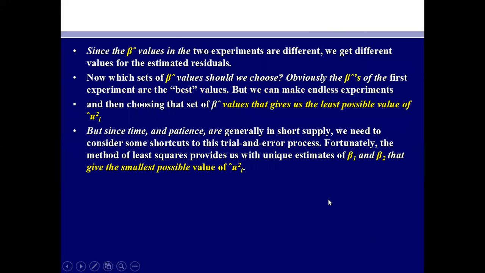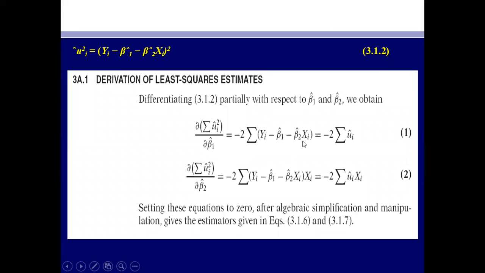How it is actually implemented: you have to differentiate summation ui hat square, the sum of square of the residuals, with respect to each of the parameters that you are trying to estimate. So you have to take the partial derivative of this function with respect to each and equate to 0 and then solve it.